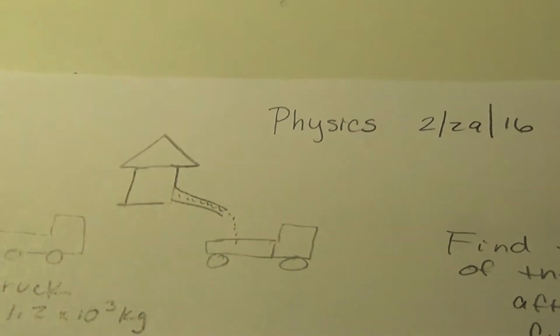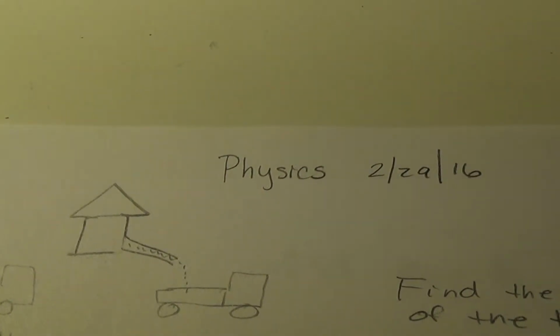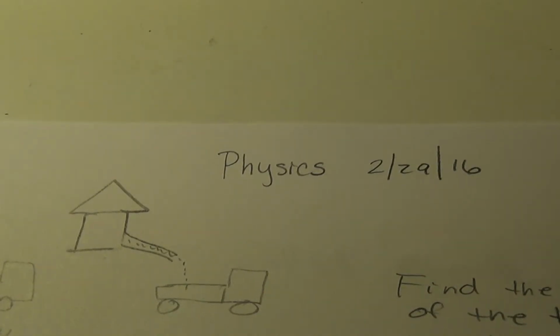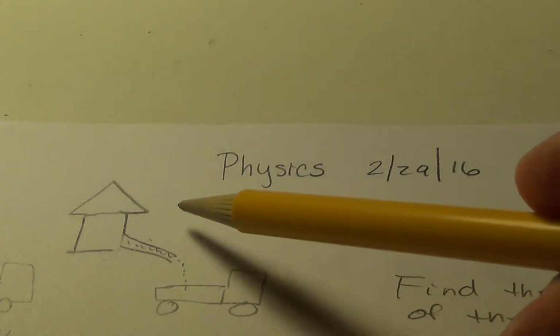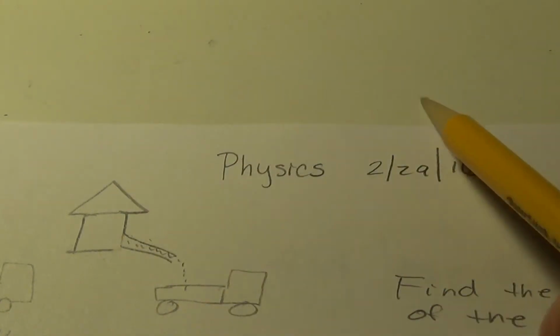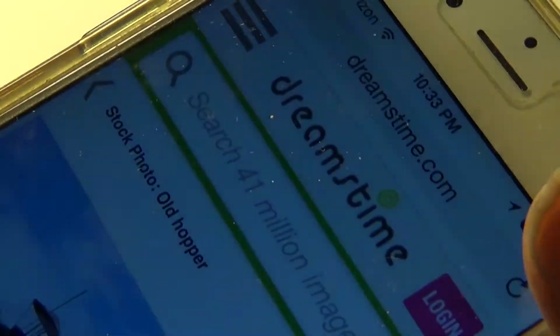Let me show you one new fresh example. Would you please add this one to your day 3 notes on the law of conservation of momentum? So we have here a hopper. And a hopper, you may not know, is not always just something that hops. A hopper is actually an object like this.